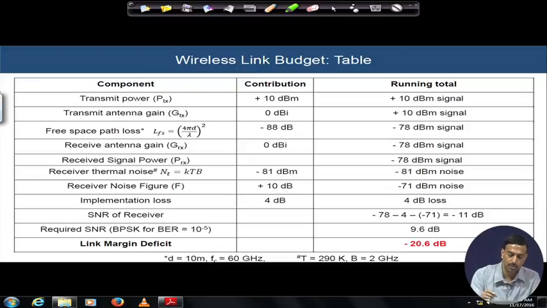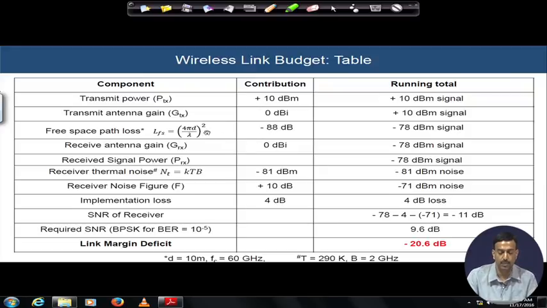That is again a well known equation, lambda equal to c divided by fc, where c is nothing but the speed of light, which is 3 into 10 to the power of 8 meters per second, and fc is already given as 60 gigahertz. So this lambda can be substituted over here, and we calculate this free space loss in dB terms to be equal to minus 88 dB.